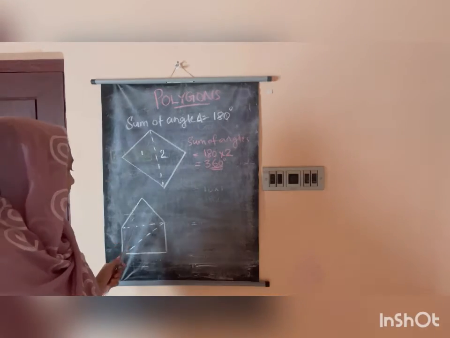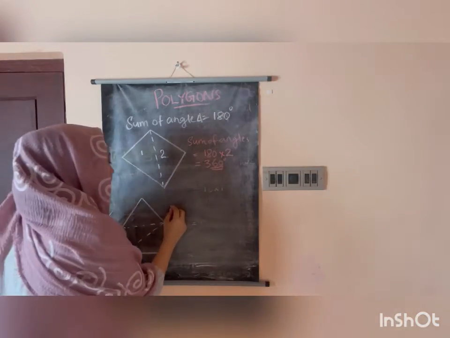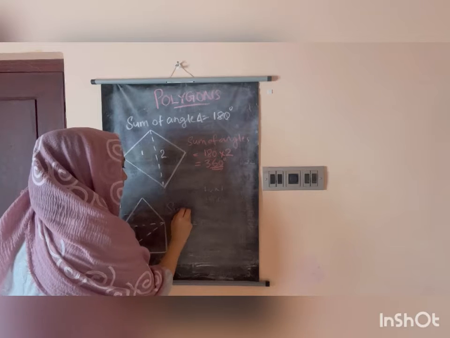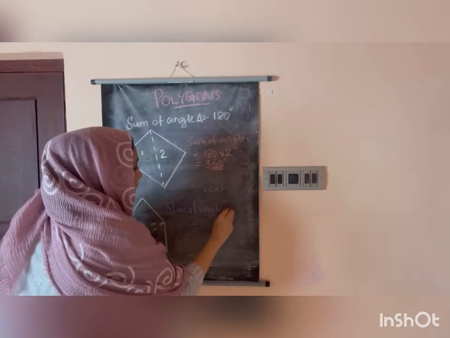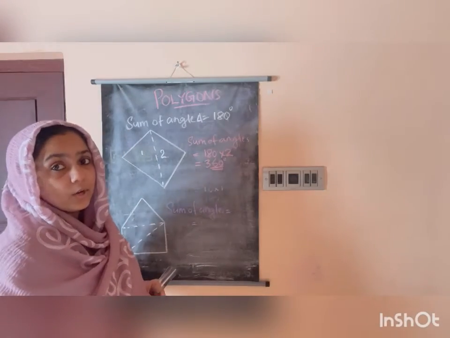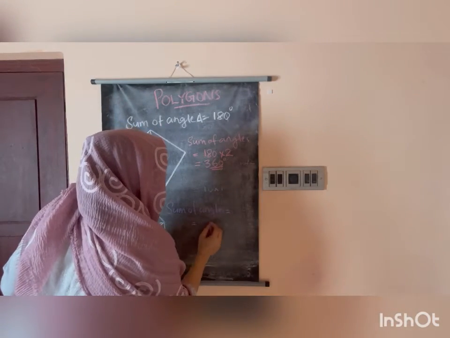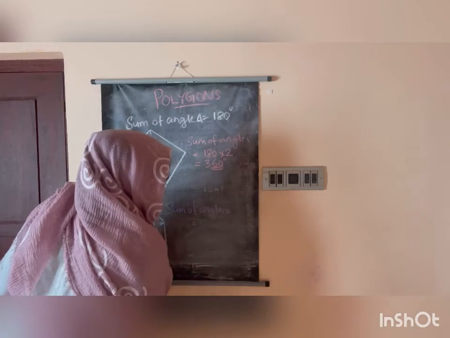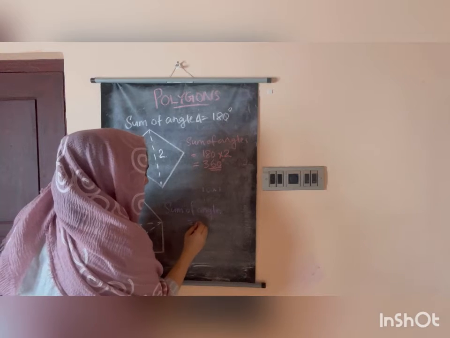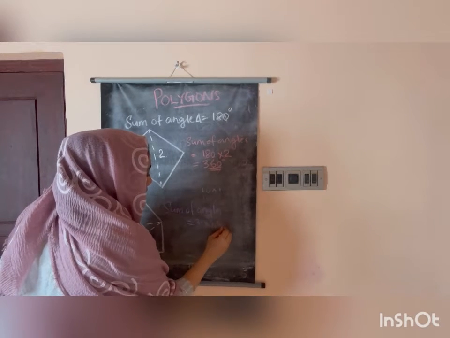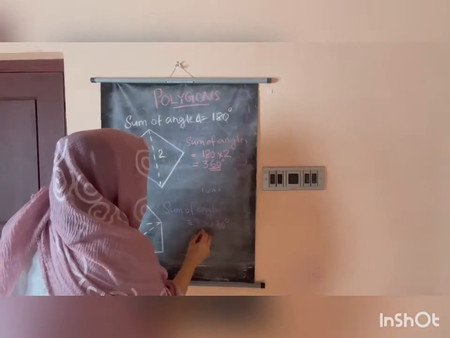Yes, 3 triangles. 1, 2 and 3. Then what will be the sum of angles? Very good. The sum of angles is equal to 3 into 180 degrees, or 180 plus 180 plus 180. How much is it? Okay, 540 degrees.